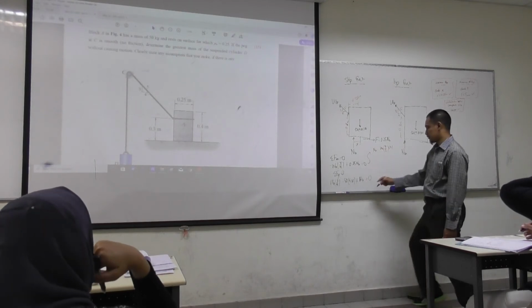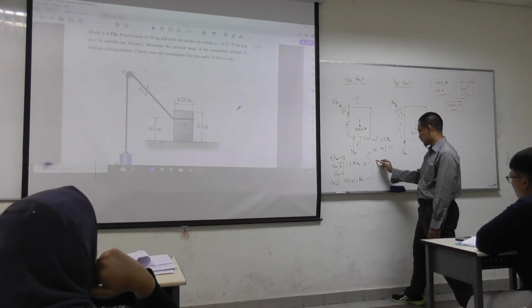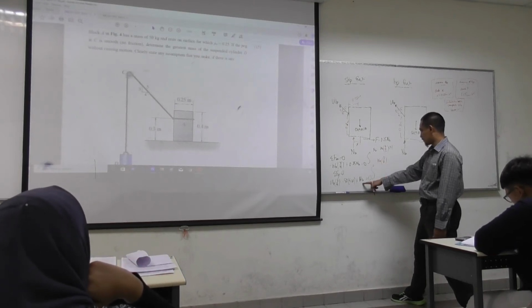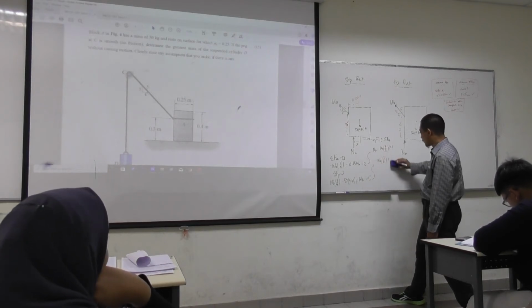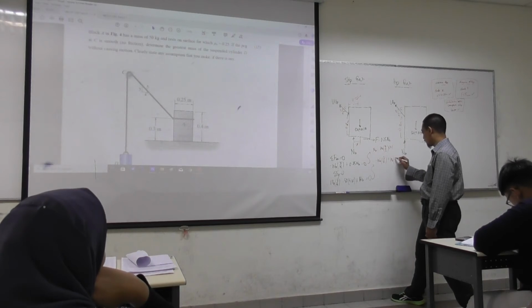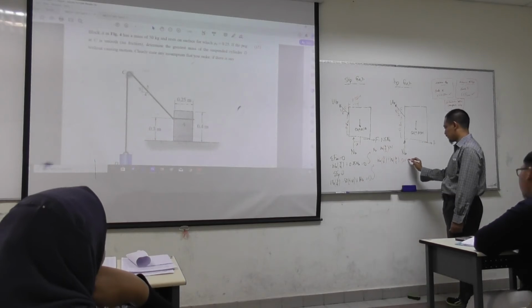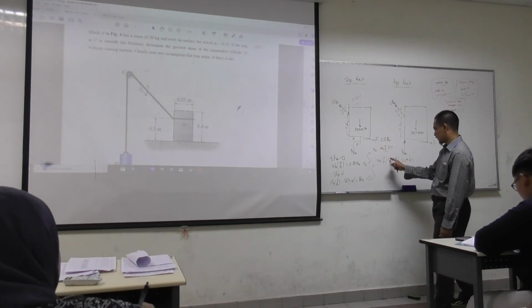If you plug in here, then we'll have minus WT over 5, and then this one is plus 4/5, okay? Or just multiply, 16/5, equal to 50(9.81).